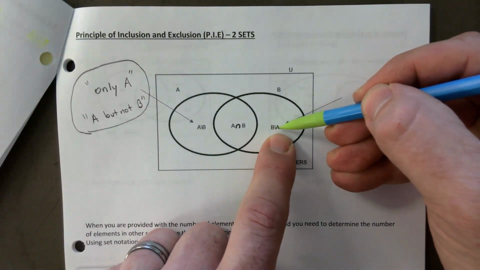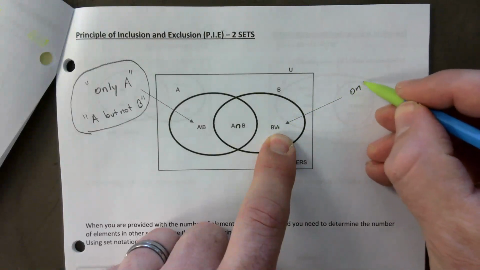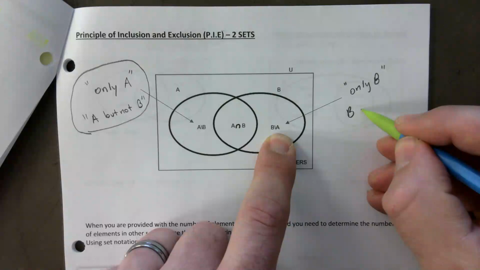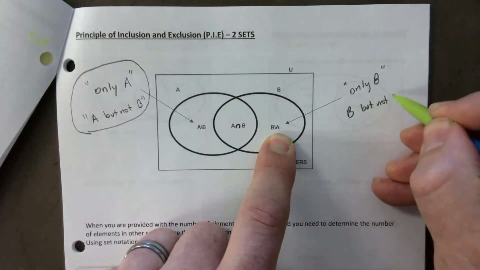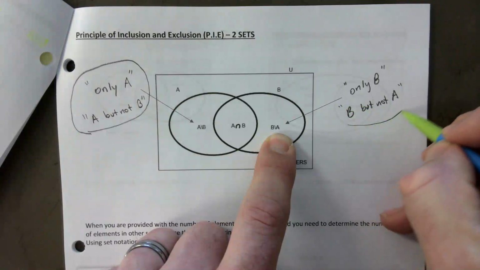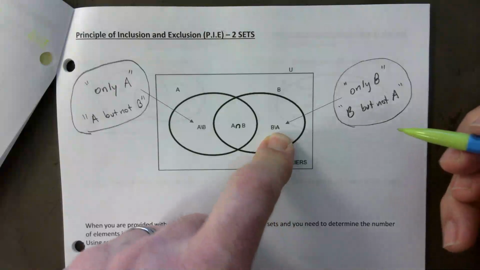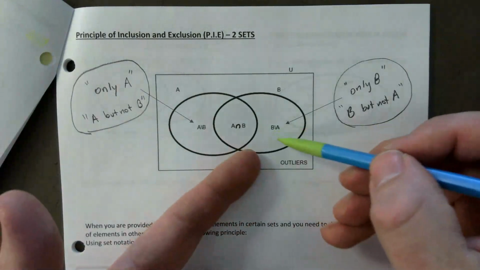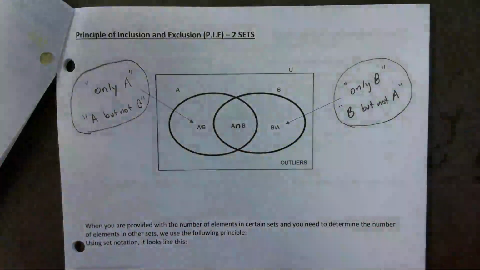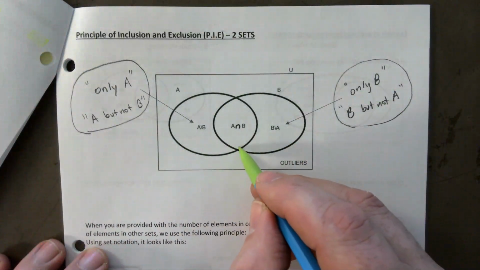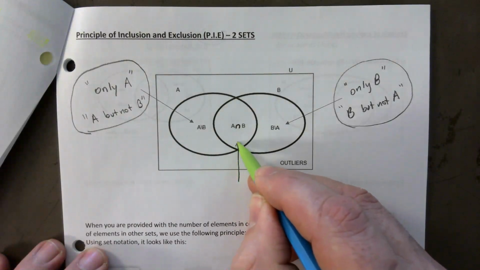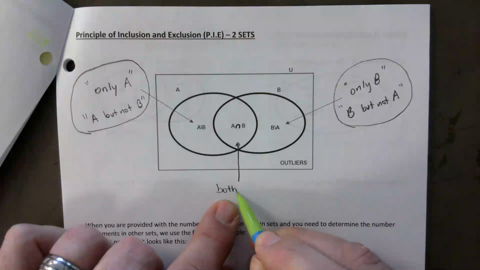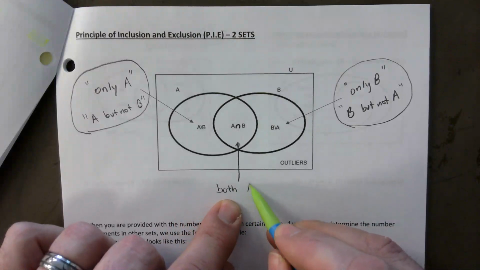It's B, not A. So the key word here is only B. B, but not A. Some of the questions are going to be very cheesy. It's like, who has a cell phone plan but does not have a cable plan or something? Then it's obviously referring to this crescent. And then the middle, this one right here, let's put an arrow right into that center there. Both, or have both. Both A and B.